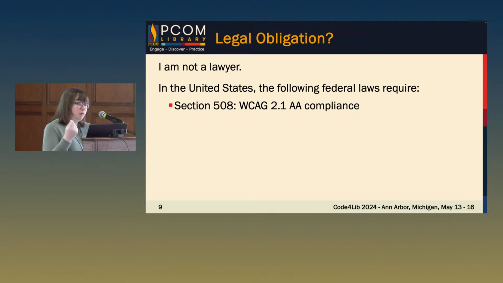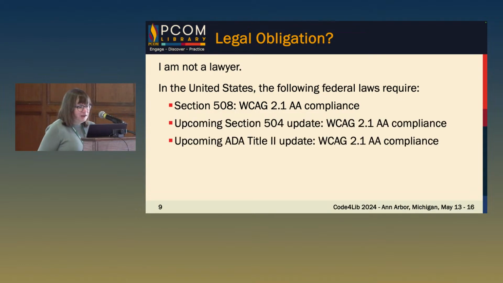And it requires WCAG 2.1 AA compliance, not WCAG 2.2. Don't get me started on laws that don't adjust for the fact that standards change over time. It will probably be in 2050 that they will finally change it to WCAG 2.2 or whatever it is at the time.